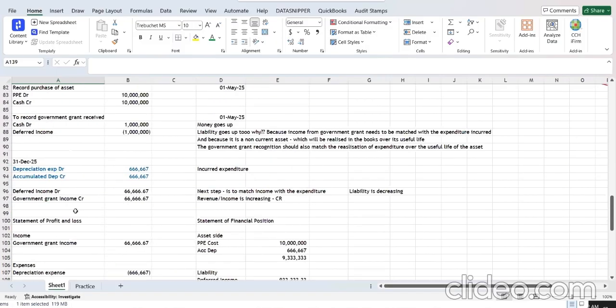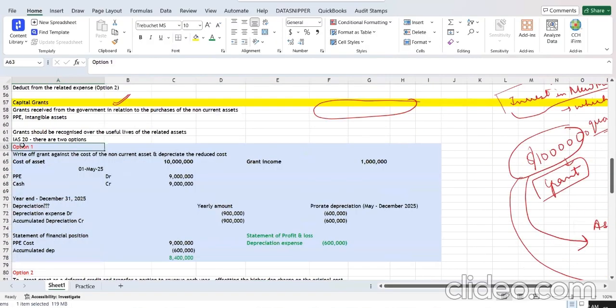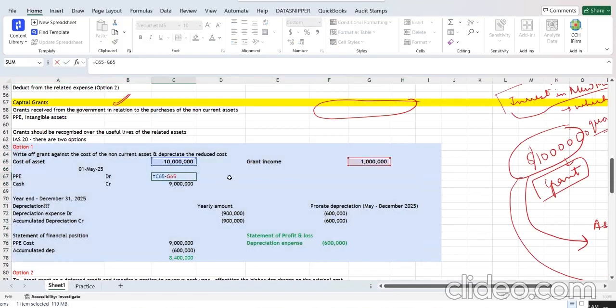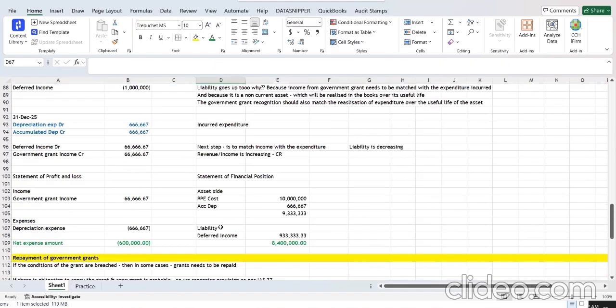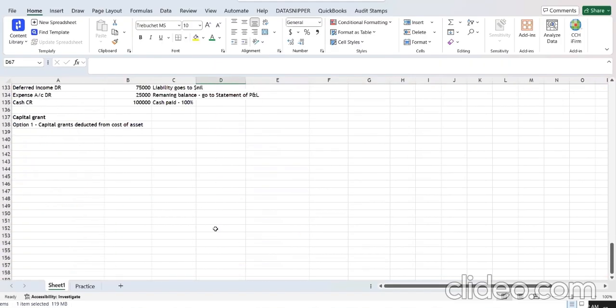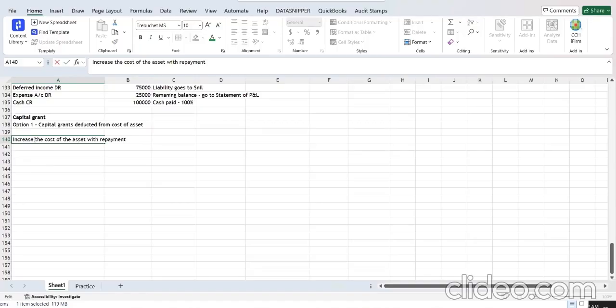So if you followed option 1, that you recorded your asset net of the grant income, how are you going to record the repayment? You will increase the cost of the asset with repayment. This is your step 1.